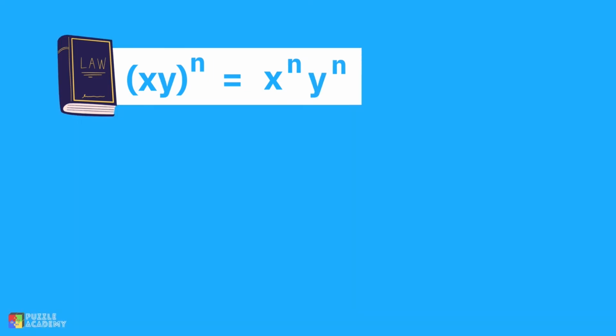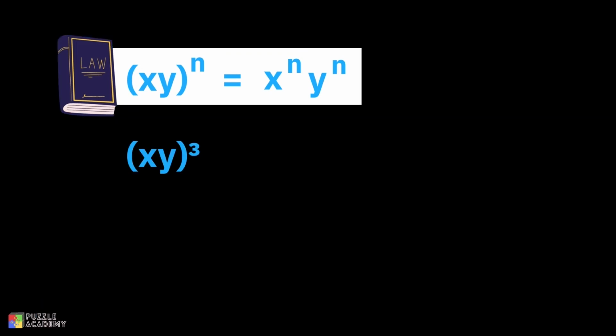And now, what about the law that the quantity xy raised to n equals x raised to n times y raised to n? To show how this one works, just think of rearranging all the x's and y's as in this example. We have the quantity xy raised to 3.